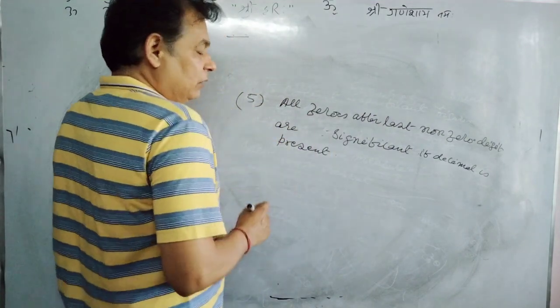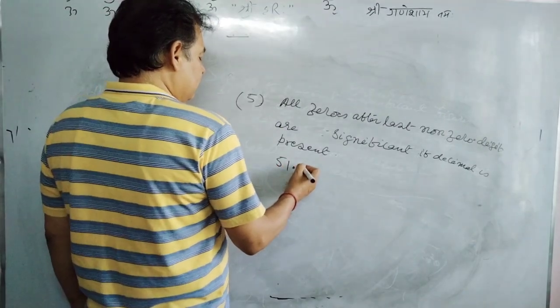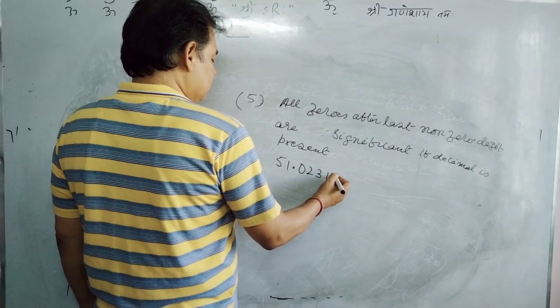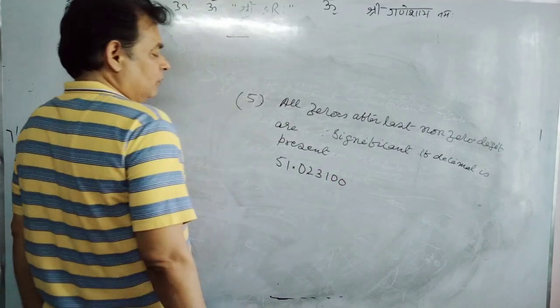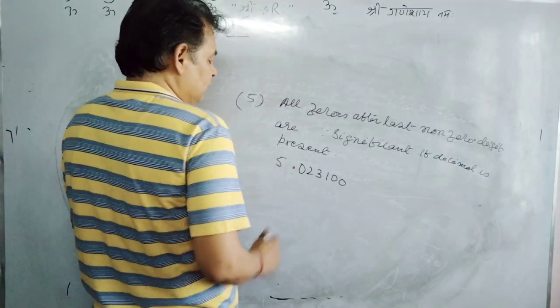For example, I'm writing 51.023100. There is a decimal.